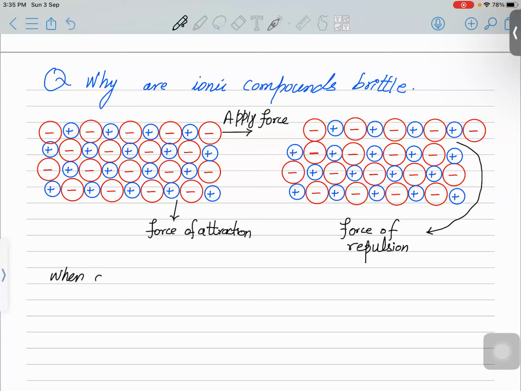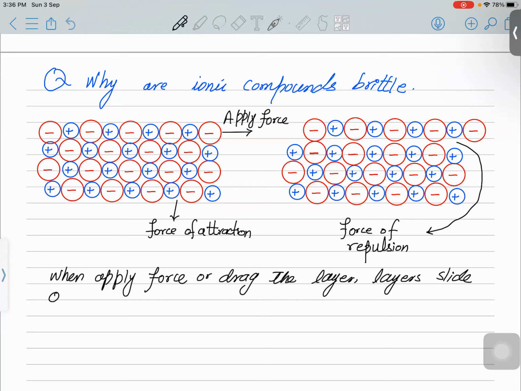Means when you apply force or drag the layer, layers slide over each other.